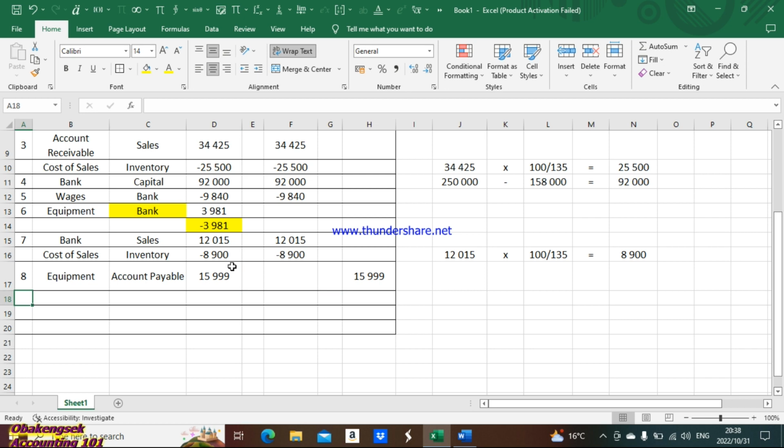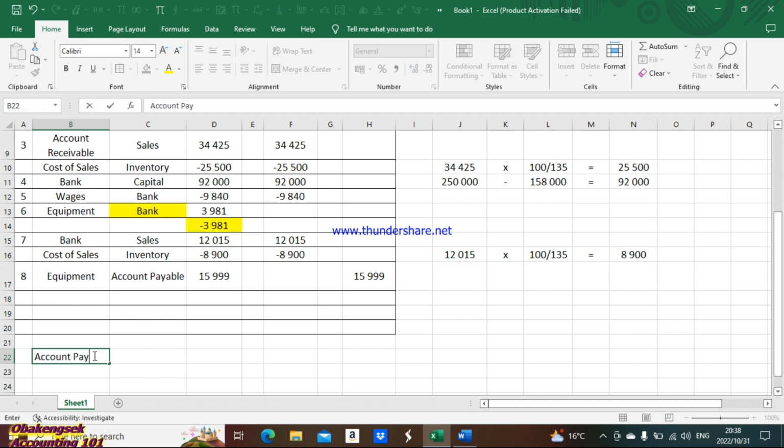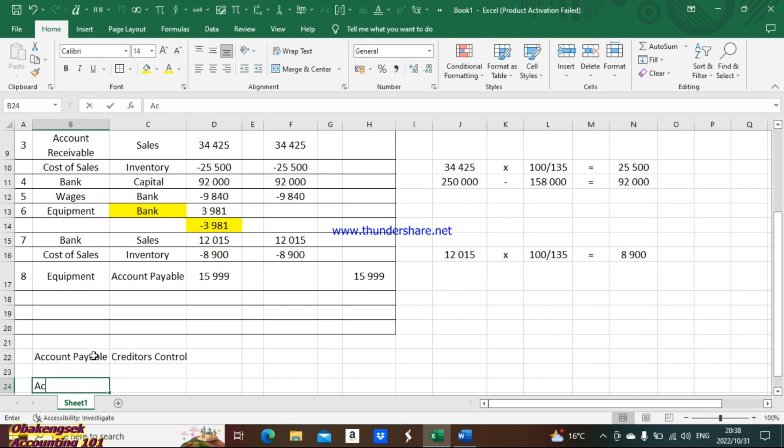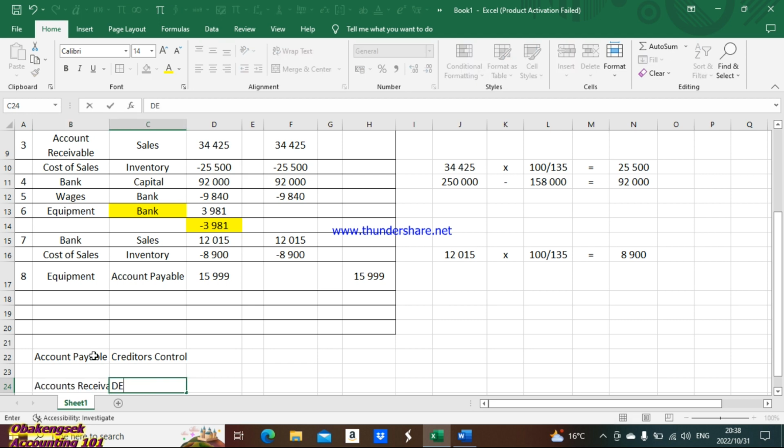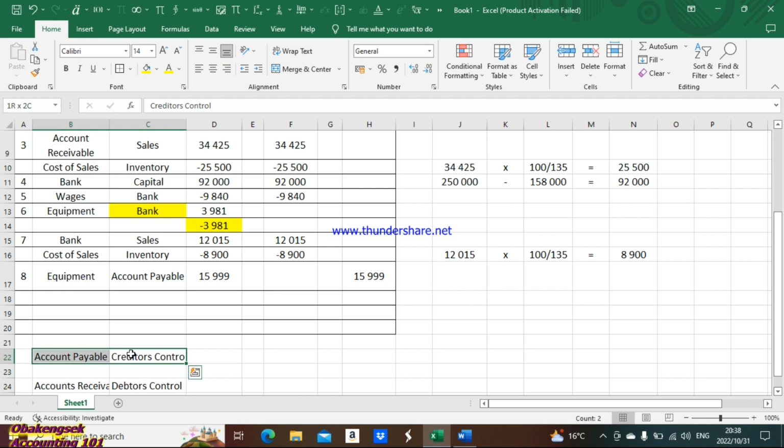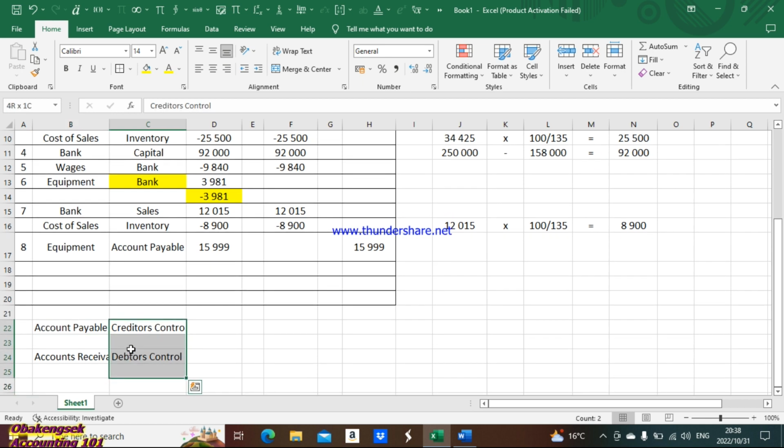Accounts receivable is our debtors control.